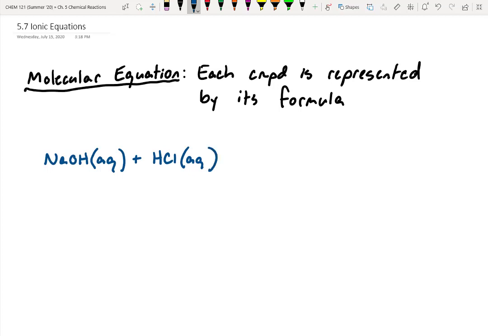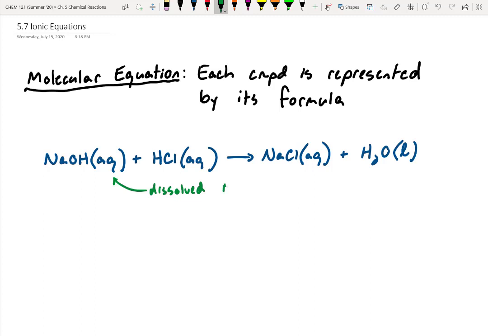And we said when we do this, we're going to make salt water, NaCl, and this is aqueous, and we're going to make liquid water. And just remember that the AQ symbol means that the sodium hydroxide isn't in its solid form, it's been dissolved in water.